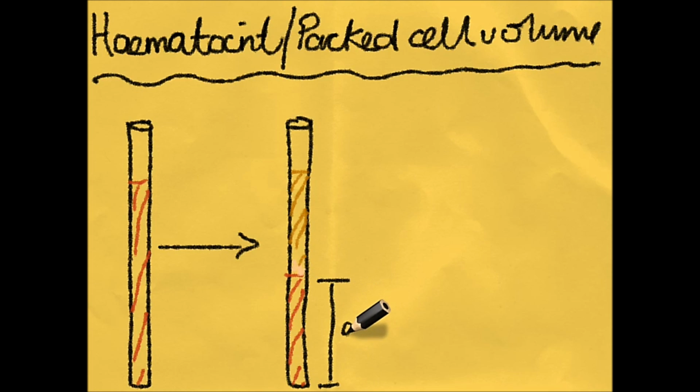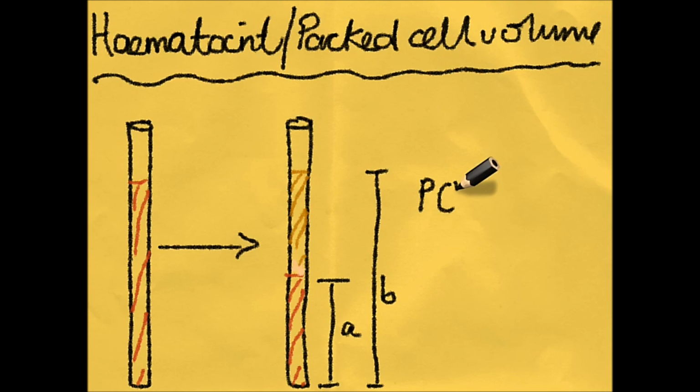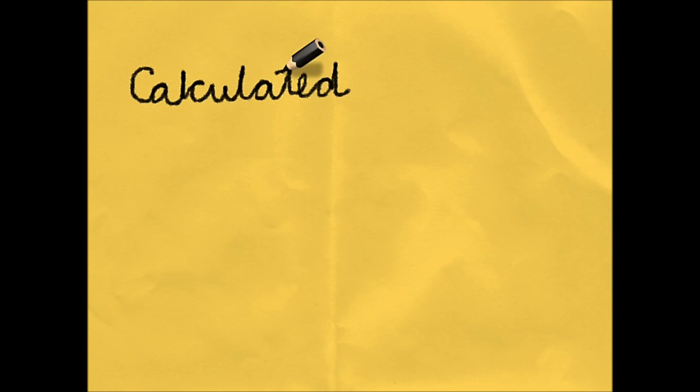We would spin the column for a standard time at a standard speed, and this would separate the blood into the red cells and plasma, separated by a small buffy coat of white cells. The packed cell volume was the ratio of the height of the red cells compared to the total height of the column.